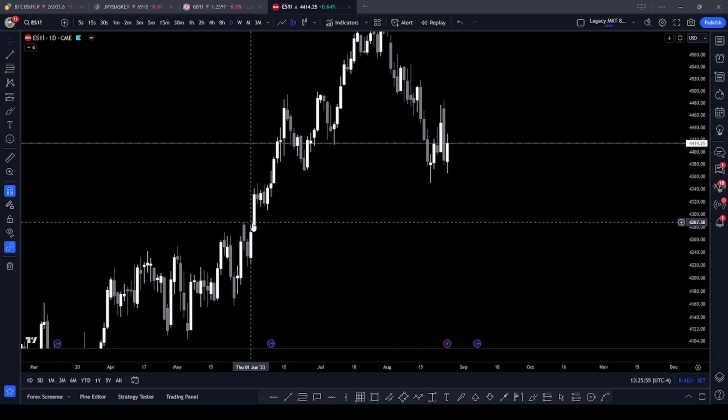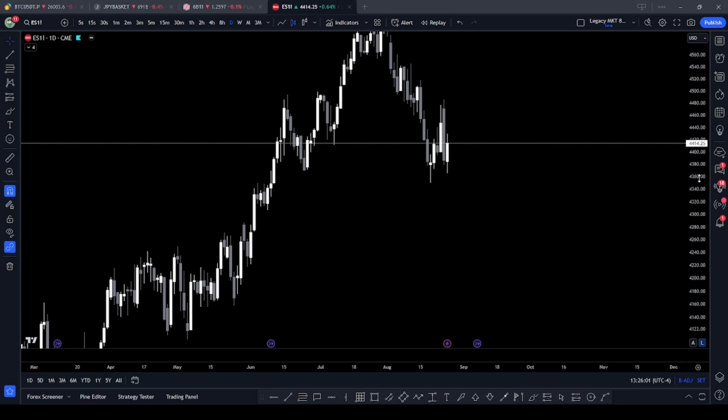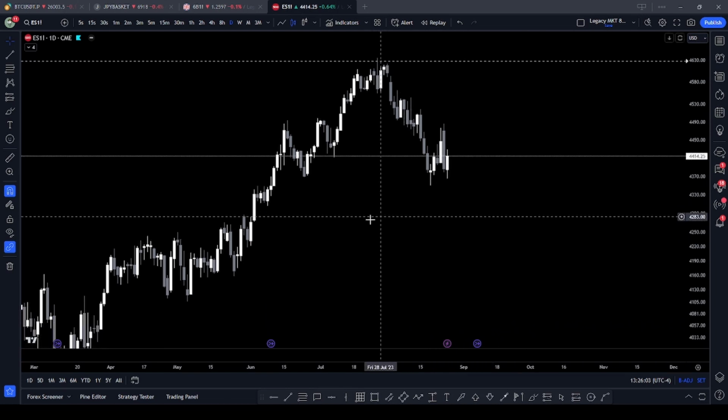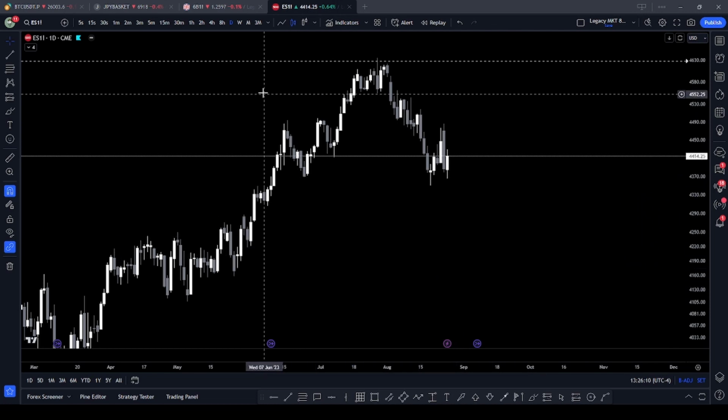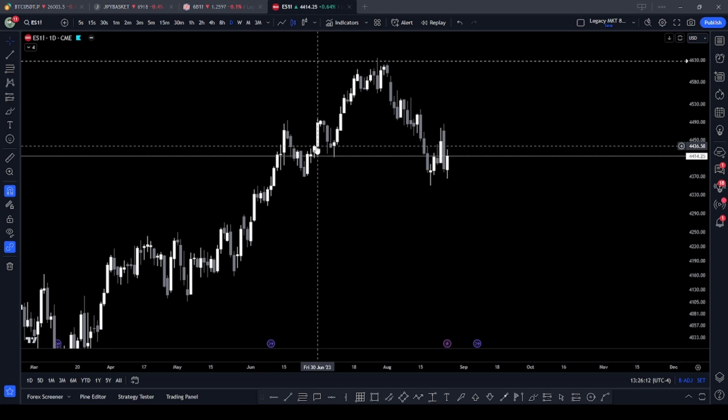In other words, a fair value gap, FVG. I think everybody who's studying or using ICT and SMC concepts understands this by this time. So these are the main things that we look for.